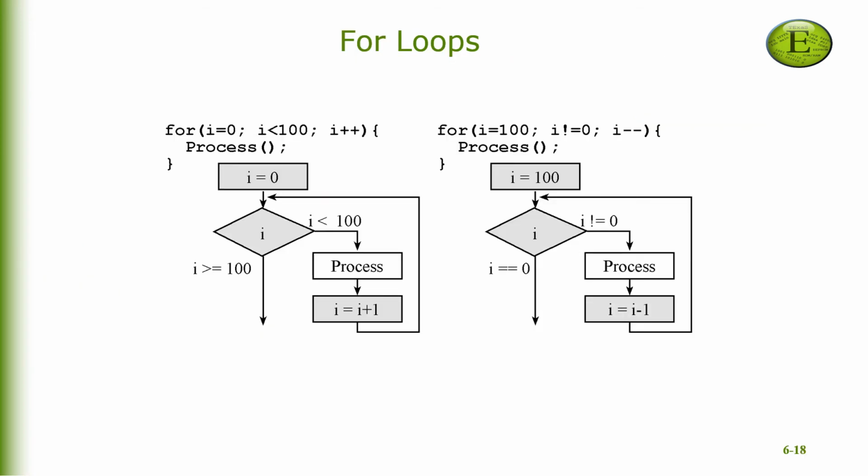Likewise, we can also implement for loops with the help of conditional branch instruction. Two types of for loops can be used: the ascending for loop and descending for loop.